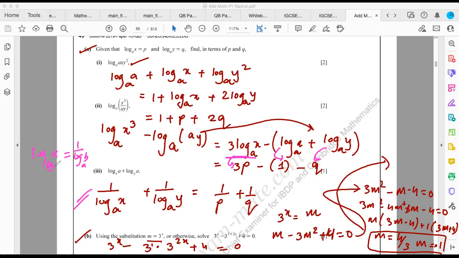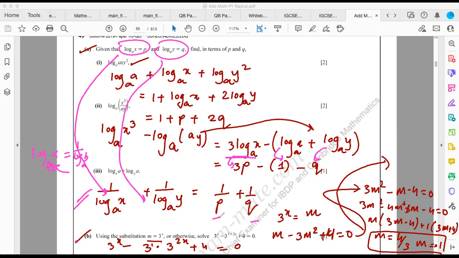So log a to the base x, I wrote it as 1 upon log x to the base a plus 1 upon log y to the base a. So this is 1 upon p plus 1 upon q, because this part is p in the denominator and this part will be q in the denominator. That's how I got that.